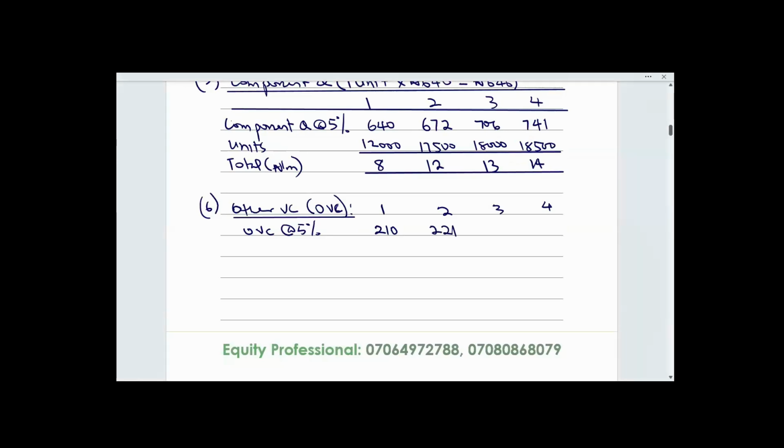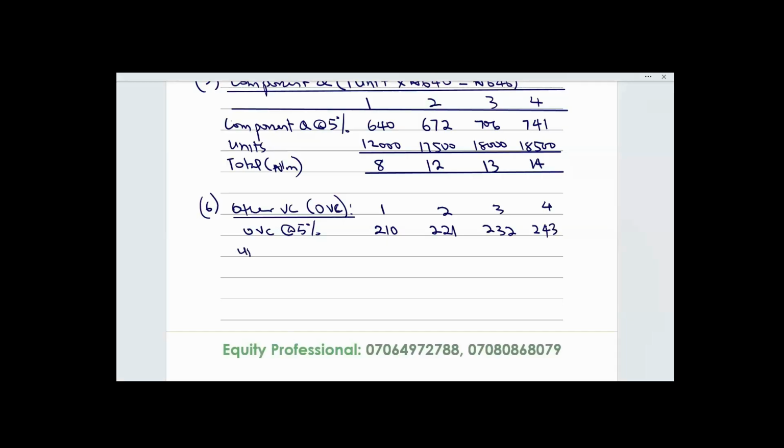What you have in the calculator, multiply by 1.05. 232. What you have in the calculator, multiply by 1.05. 243.